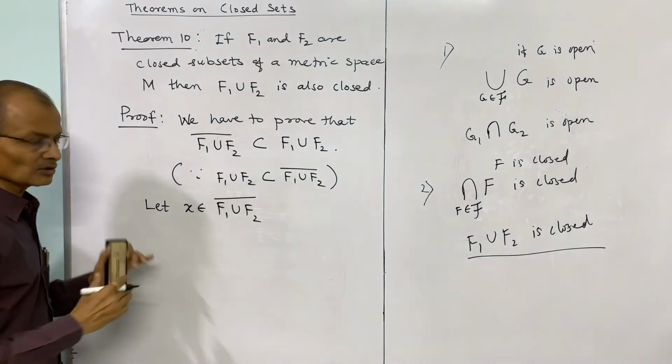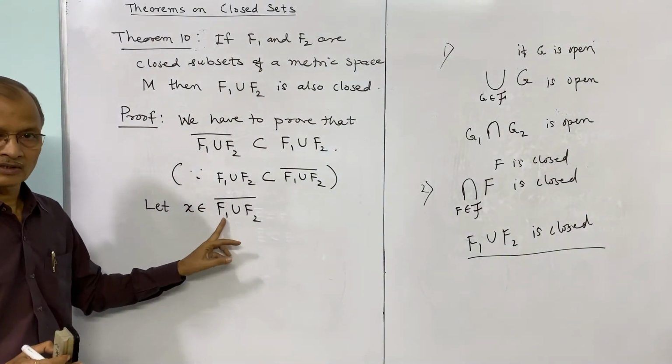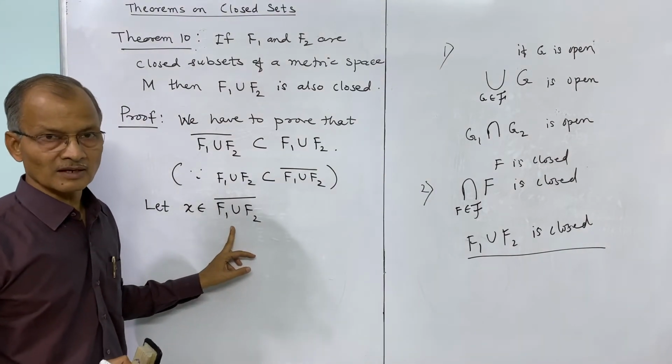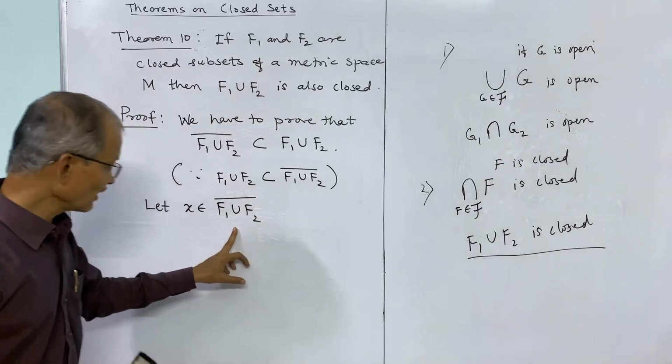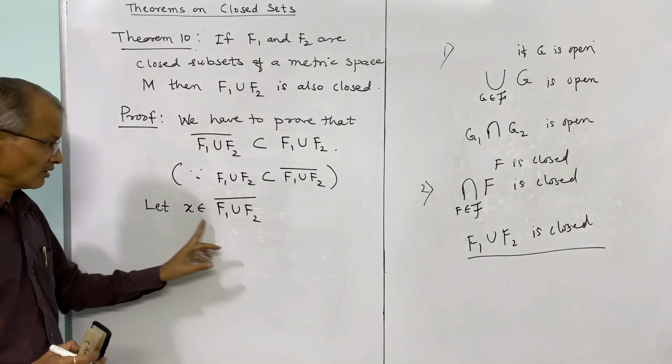X belongs to this closure means X is a limit point of F1 union F2. And X is a limit point means there exists a sequence Xn of points in this set which converges to X. That is the meaning of this statement.